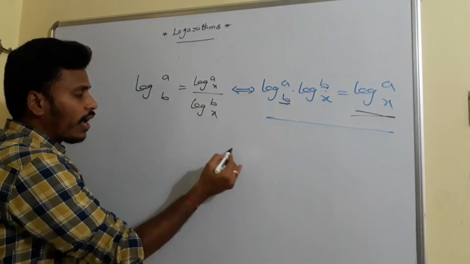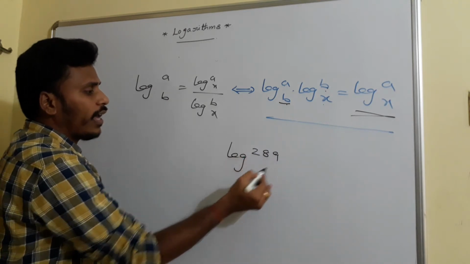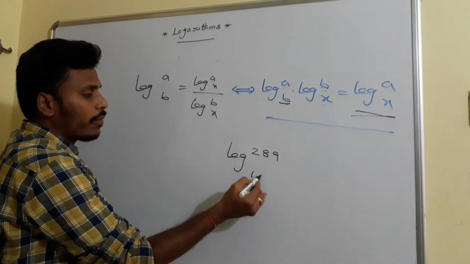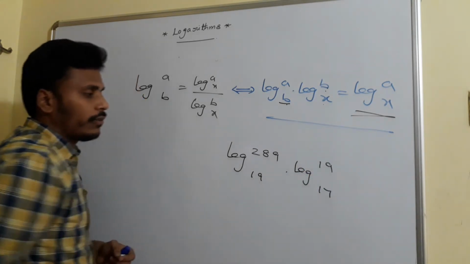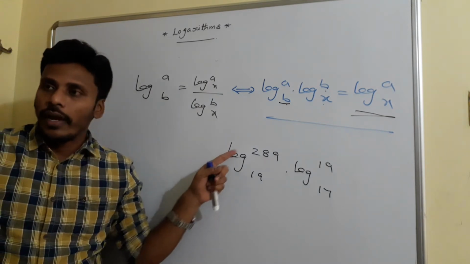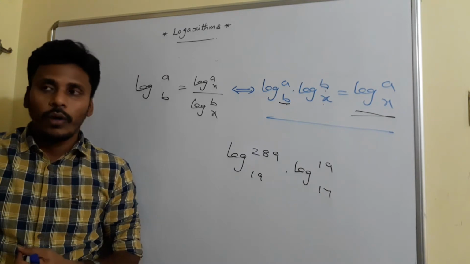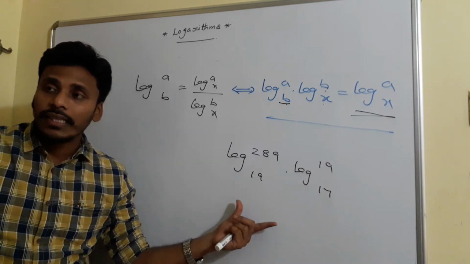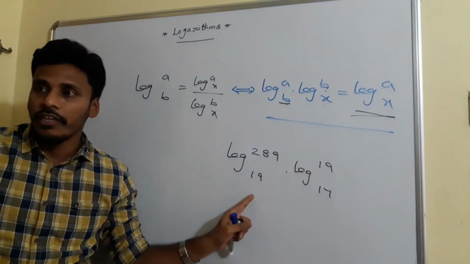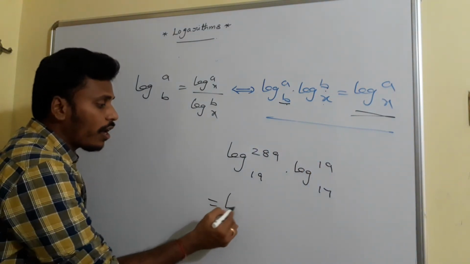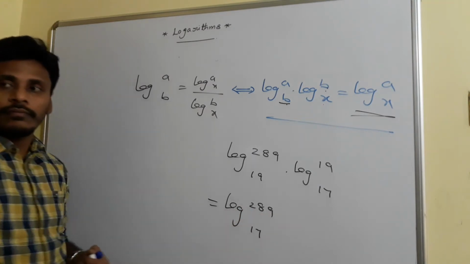Based on this, I will give you one example. Suppose you have the logarithm of 289 base 19 into the logarithm of 19 base 17. That is, log 289 base 17 into log 19 base 17. What is the answer? When you compare this product with this result, the 19 and 19 are the same, so we are able to write it as the logarithm of 289 base 17.